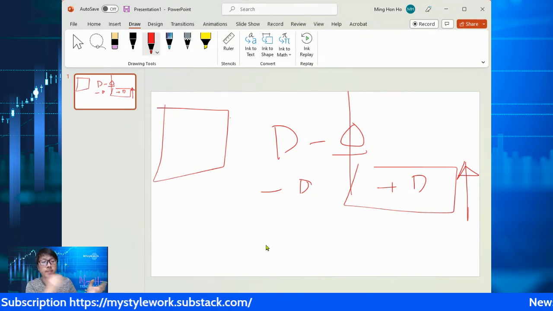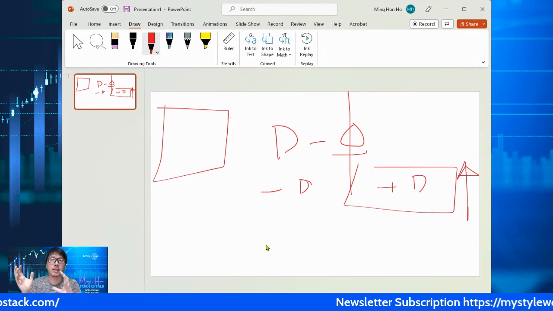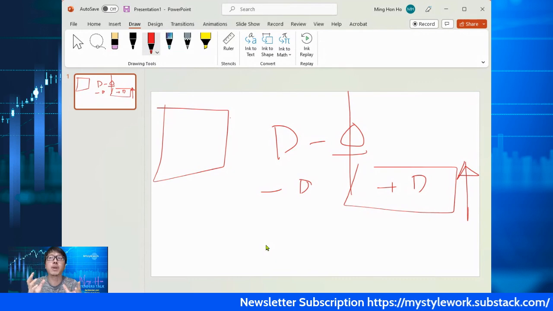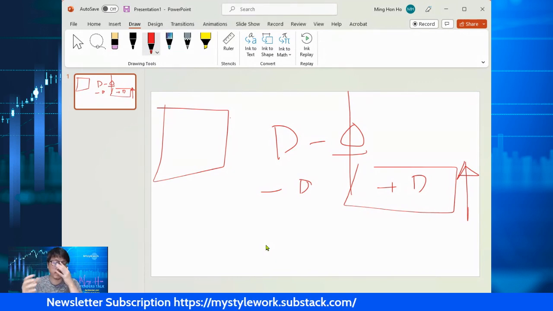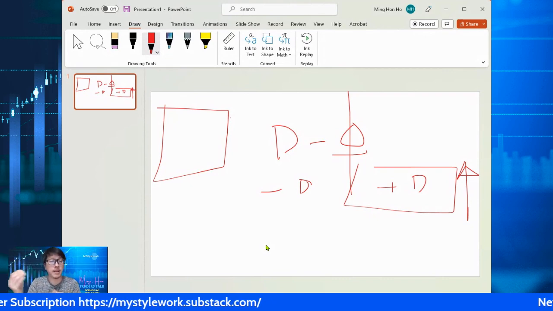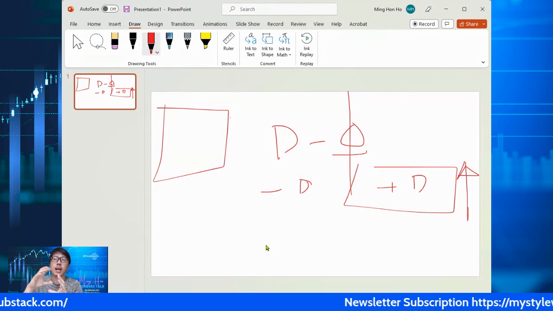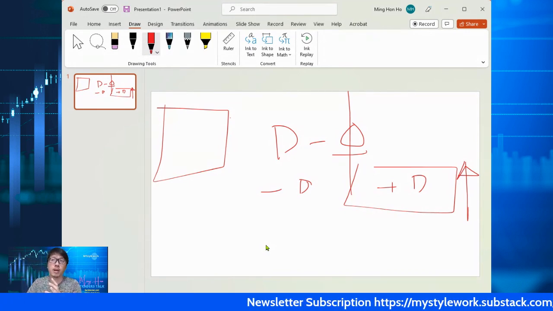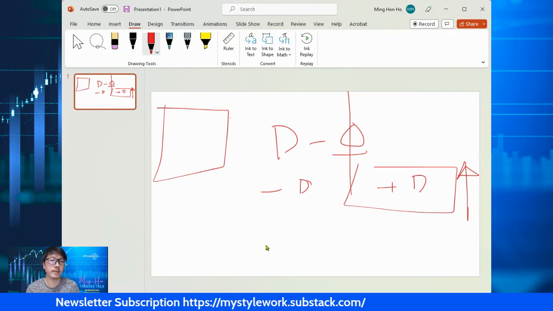Yeah, negative delta. And to adjust it back to so-called neutral, we are talking more about credit spreads and credit portfolios, yeah, and not debit. And of course, when you want to adjust it back, you have to add delta into the trade so that it goes back to neutrality. Yeah.